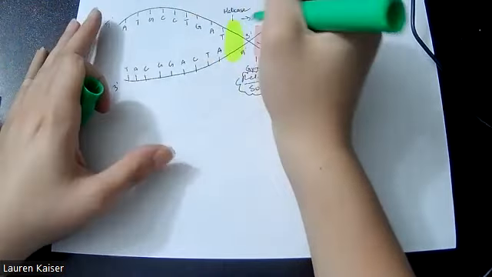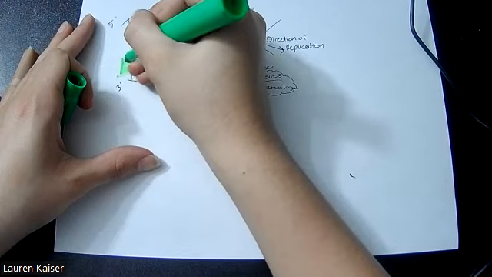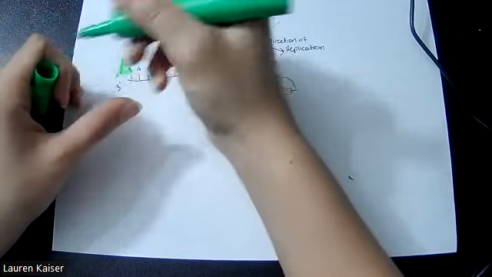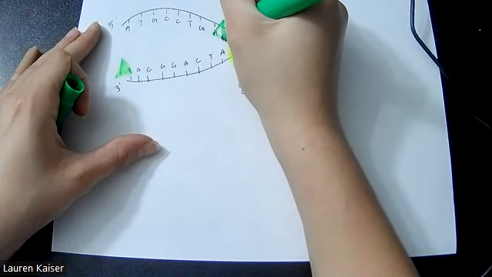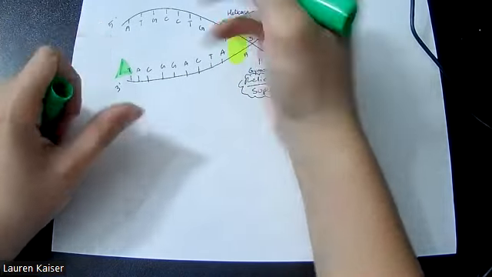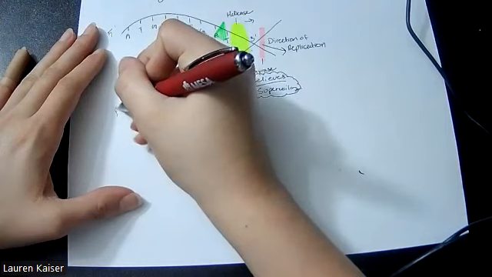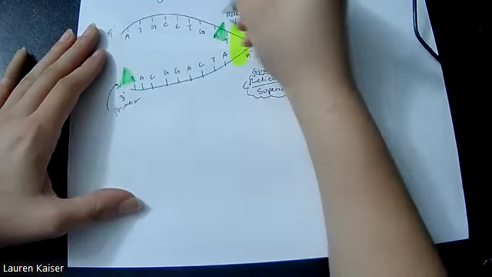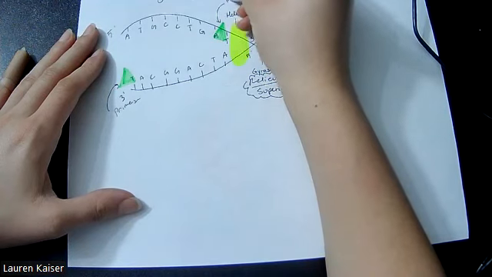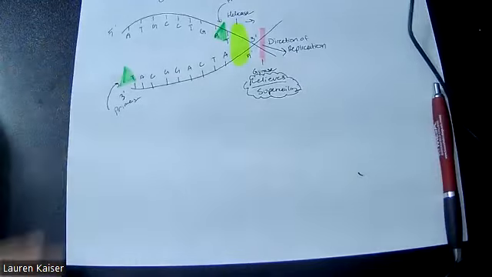So here, I'll show you guys. This will be primase. This is a terrible marker, but we'll go with it. I have another green highlighter, so we'll work on it. So primase, that's these little triangles. Primase is going to start us off.